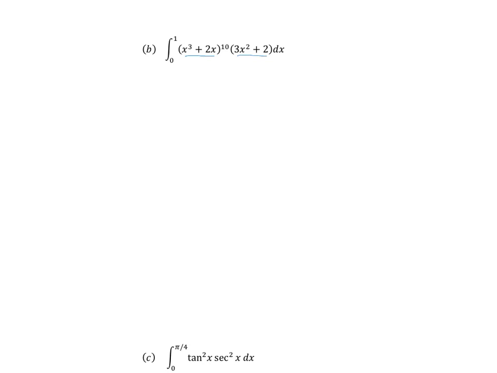So when I choose my u, I'm always going to choose the x with the higher exponent, which means I'm going to let u equal x to the third plus 2x. My du dx is going to be 3x squared plus 2.